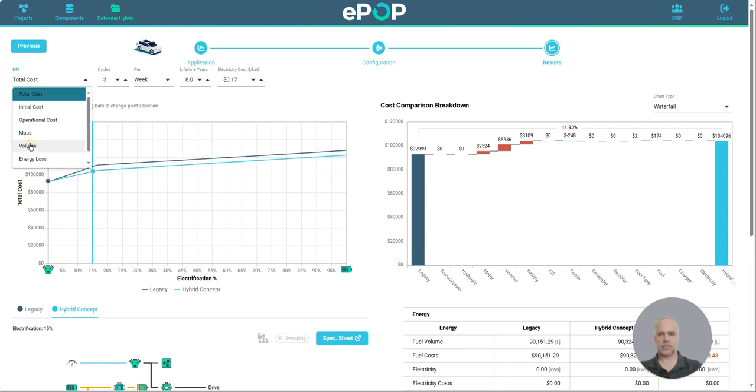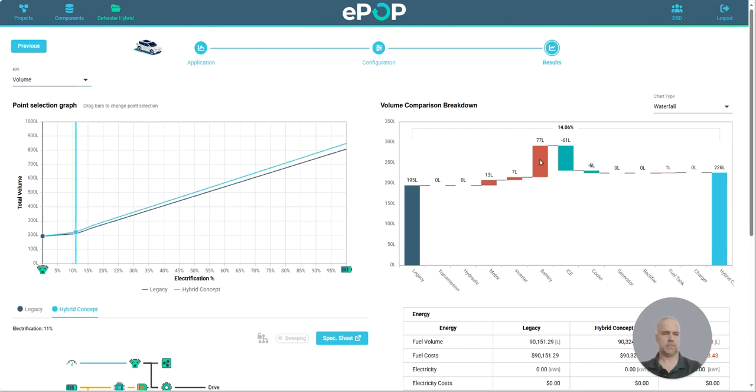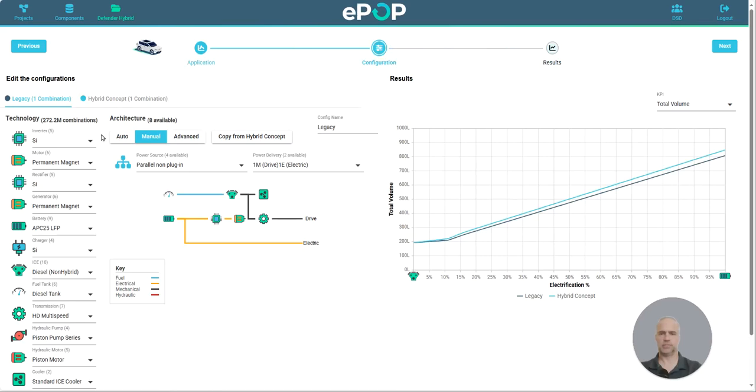Volume and mass are other important factors to consider. You can see for an increase in battery, you may get a decrease in the ICE. Let's go back to configuration. Let's not just change the technology, but for the hybrid concept, let's consider an alternate configuration.